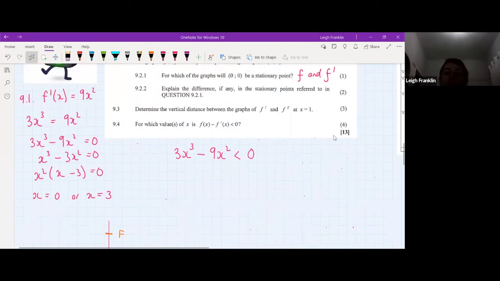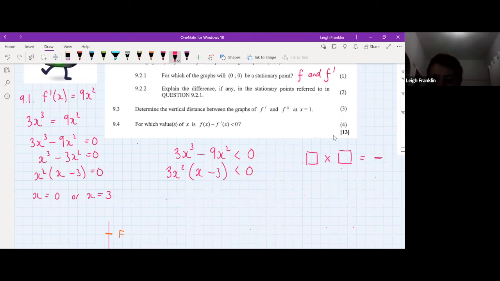Now, again, when we work with inequalities, we have to factorize. So if I take out 3x squared as my highest common factor, I'm going to be left with x minus 3 is smaller than 0. Now I have a quantity multiplied by another quantity to give me a negative. Something which is 3x squared times something else gives me a negative answer.